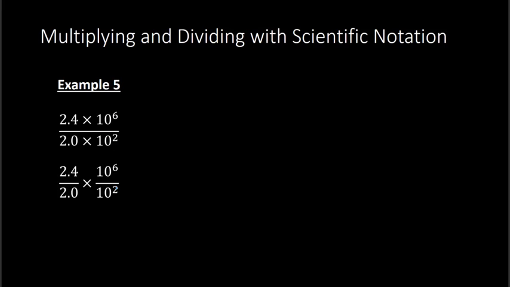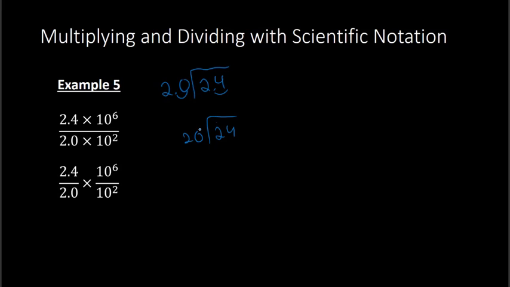So if I do 2.4 divided by 2.0, I can do this by hand or on a calculator. Do it by hand, a little review on division. You want to begin by moving the decimal over 1 place. So we're going to have 24 divided by 20.